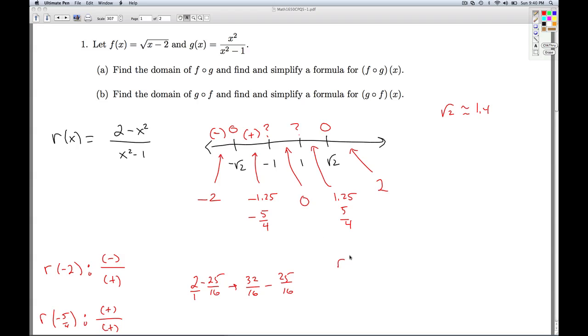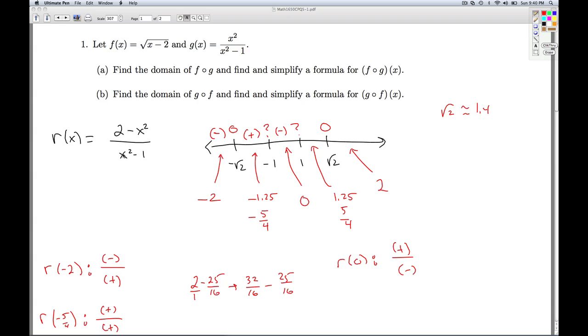R of 0. Plug 0 in the numerator, I get a positive. Plug 0 in the denominator, I get a negative. So that's going to give me a negative. If we plug 5/4 into the function, we're going to be squaring it again. Now 5/4 squared is the same as negative 5/4 squared, so I'm going to get the same thing.